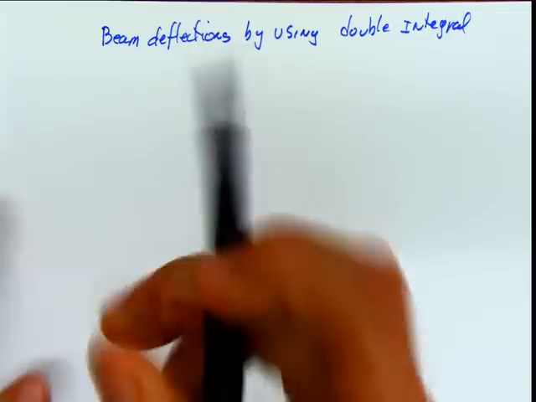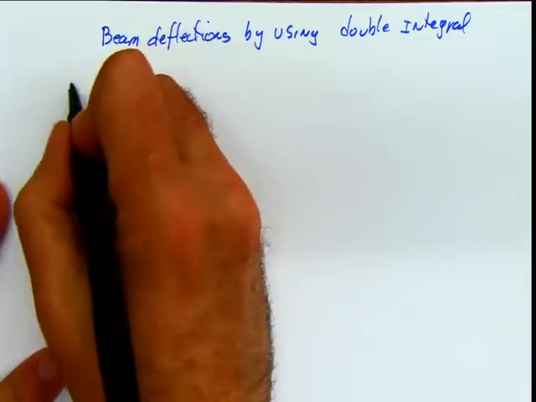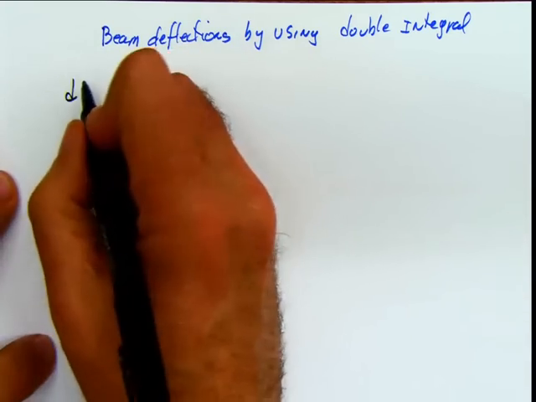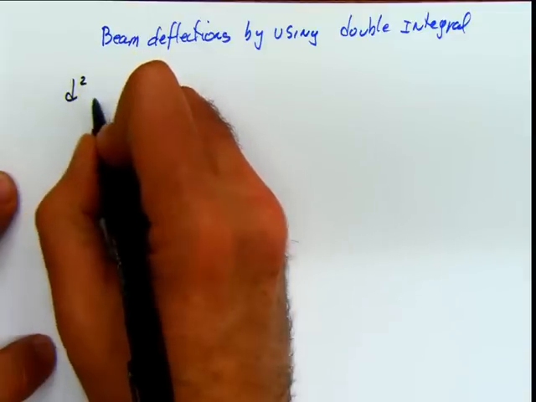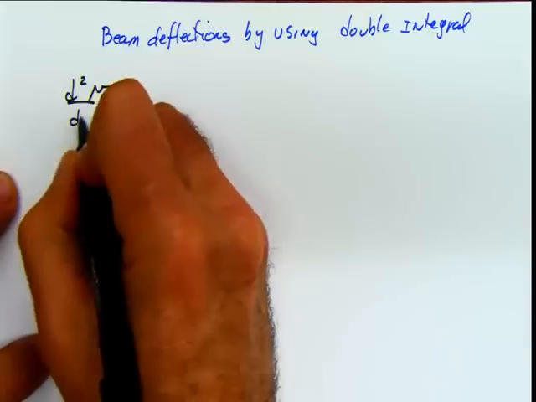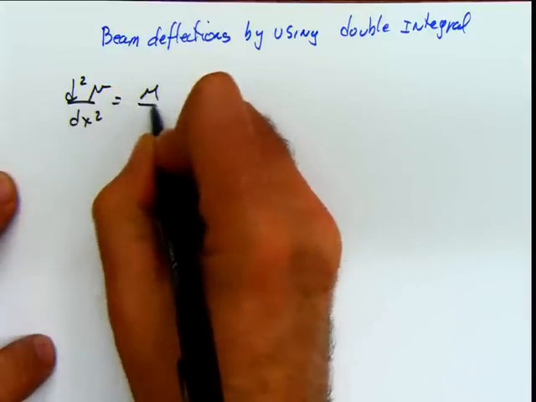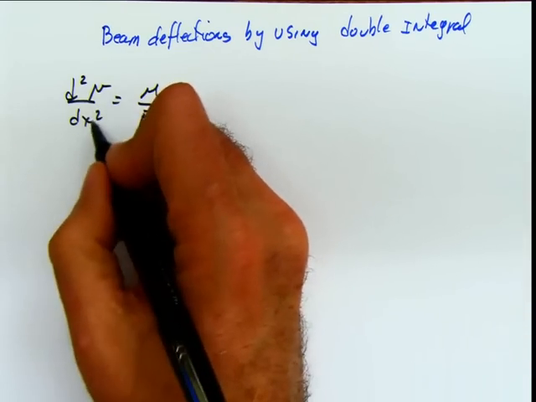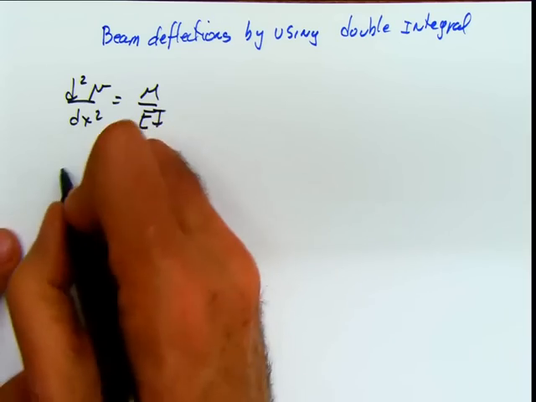And if you remember from mechanics of materials, the moment curvature relationship says that d squared v dx squared is equal to M divided by EI, where v is the deflection and x is the distance.